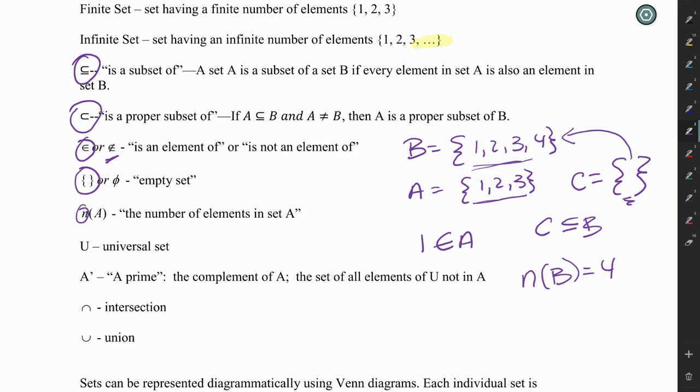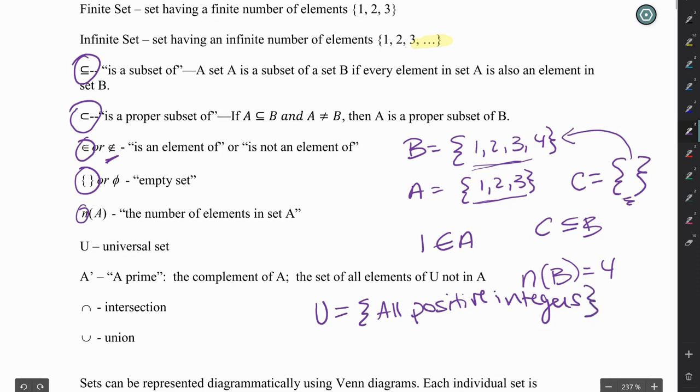A prime is the complement of A, so it's the set of all elements in the universal set not in A. That's why it's important to know what the universal set is, so you can find the complement of another set. So for example, if our universal set was all positive integers, set A could be all even positive integers.